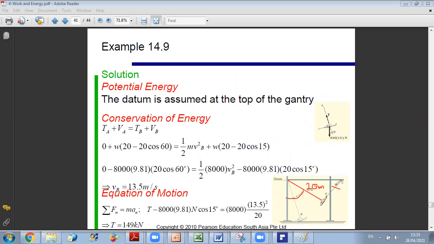Suddenly, we will cut this cable. So when you cut this cable, you will have oscillation of your plane, and here, because of the floor, you will have a crash. So the initial angle is 60 degrees, and just at the ground level before the crash, the angle is 15 degrees.